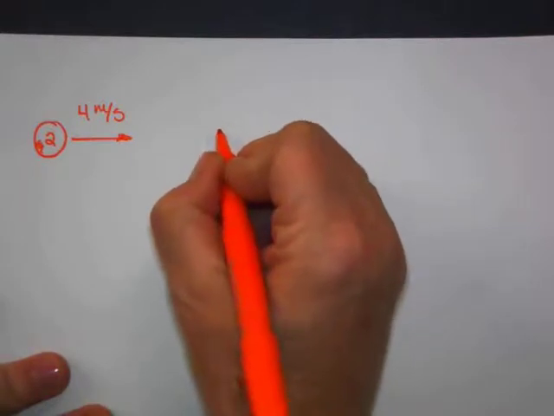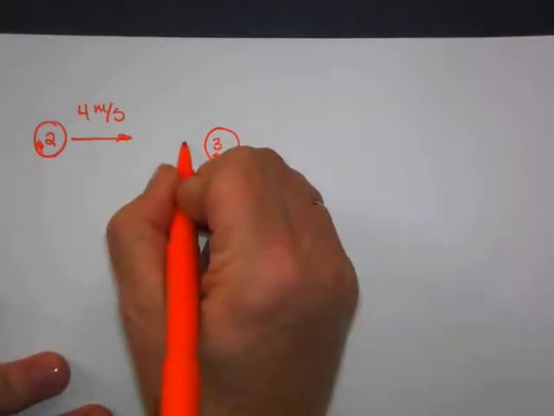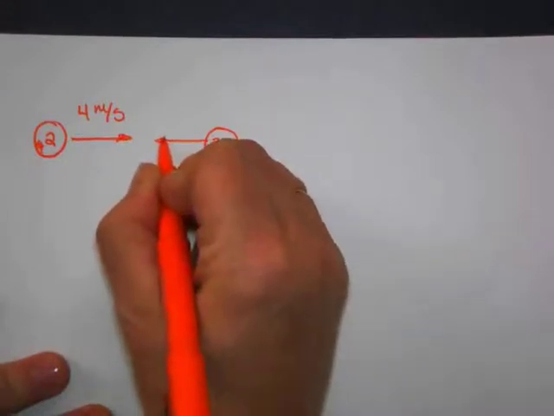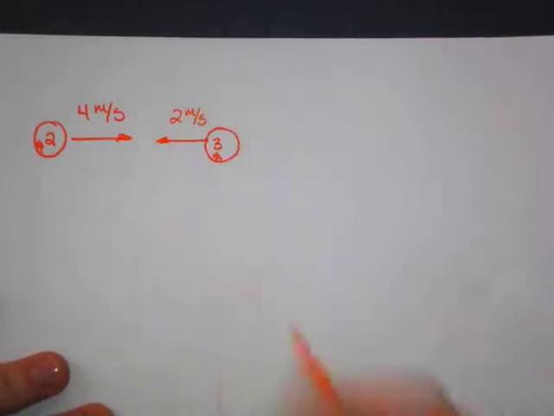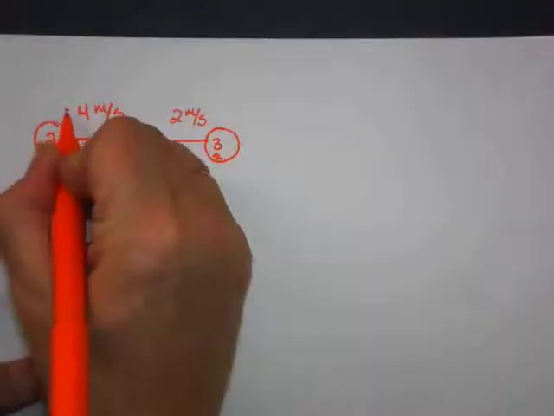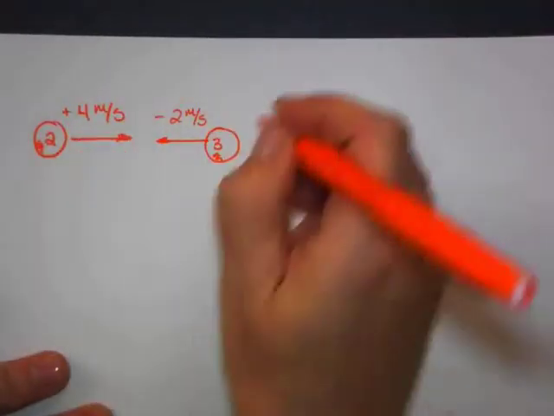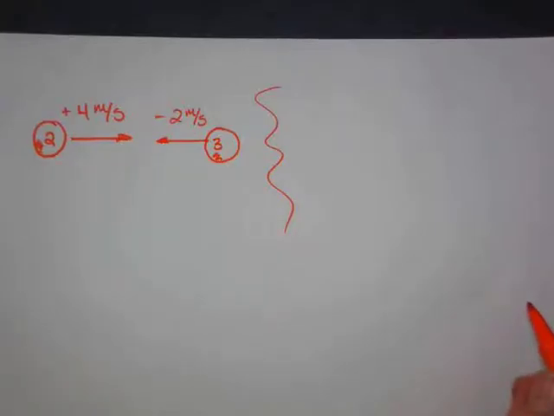Got it? 2 kilograms. It collides with a 3 kilogram mass, moving to the left at 2 meters per second. Since they move in opposite directions, what should you do? Yep, make one positive. Which one do you want positive? And the 2 is negative.